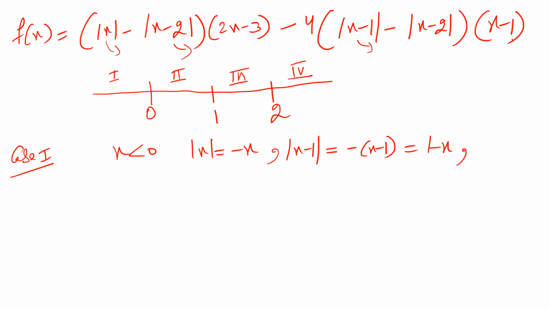Fine. So similarly, mod of x minus 2, since x is smaller than 2, is going to be minus of x minus 2. That means 2 minus x. Now let us put in these values to get the value of the function. So here it becomes minus x. Then this is 2 minus x, and minus of 2 minus x will become x minus 2.